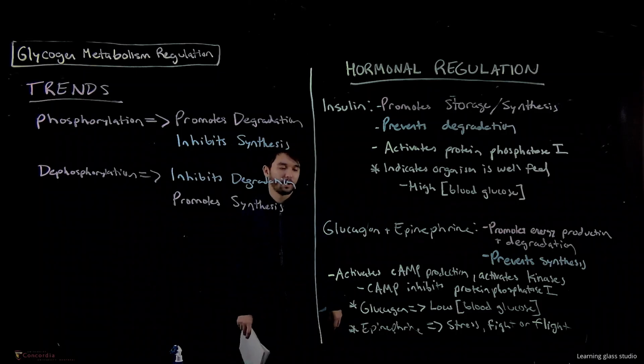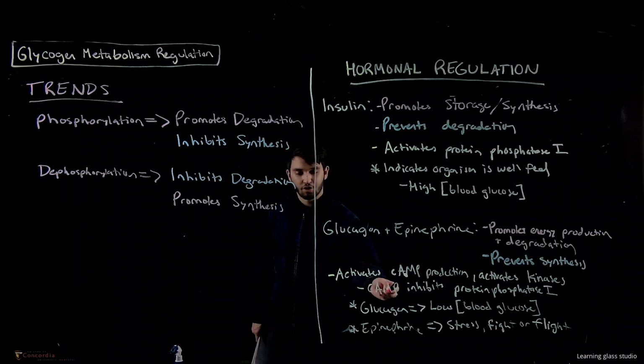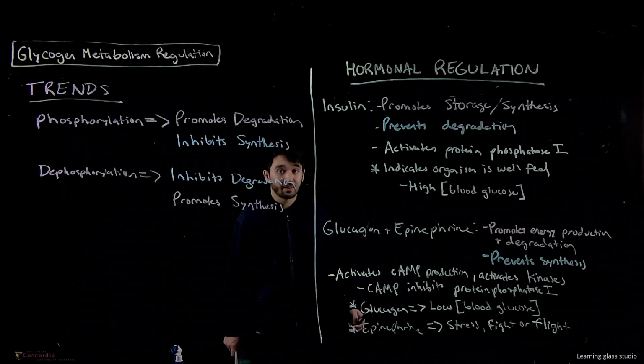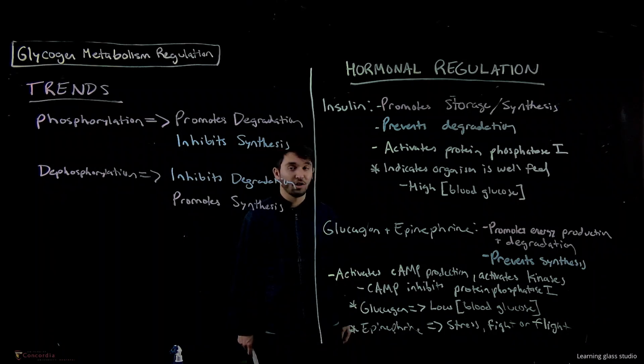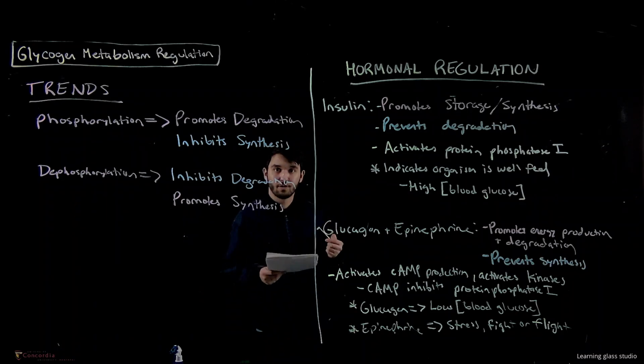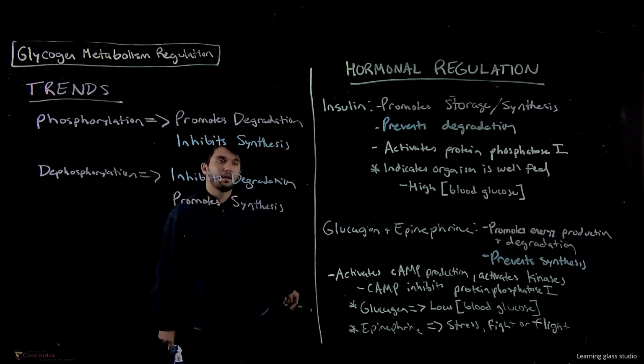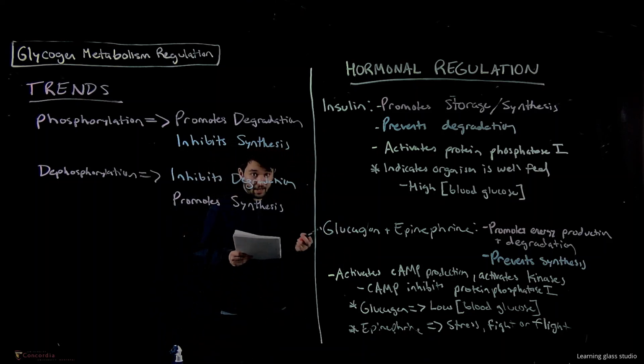How does this work? Glucagon and epinephrine activate the production of cAMP. cAMP is cyclic AMP. This goes on to activate a bunch of kinases. This includes phosphorylase kinase and protein kinase A. These are going to phosphorylate both glycogen phosphorylase and glycogen synthase.